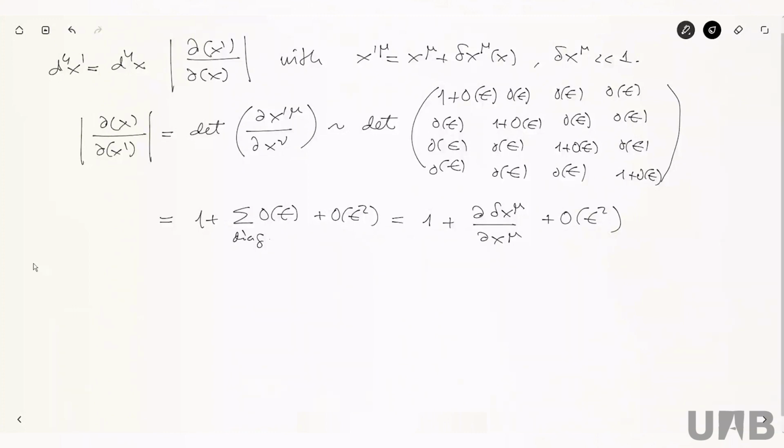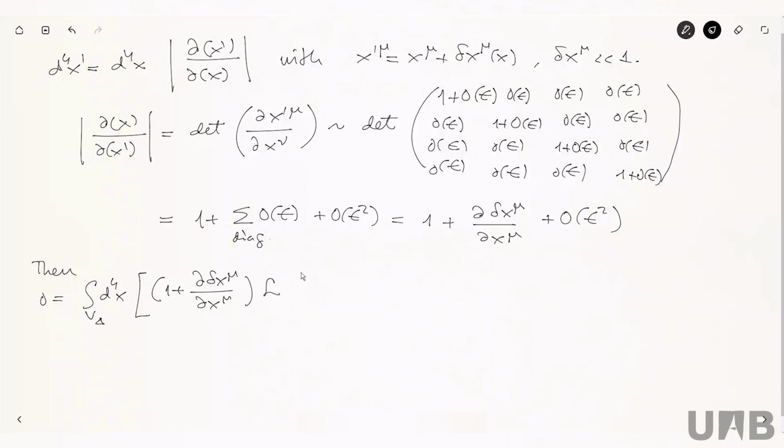Okay, well, then we have already transformed one term, the Jacobian. So that's 0 equals the integral d^4x. And here comes this term that we just computed, so it's the derivative of delta x mu with respect to x mu.